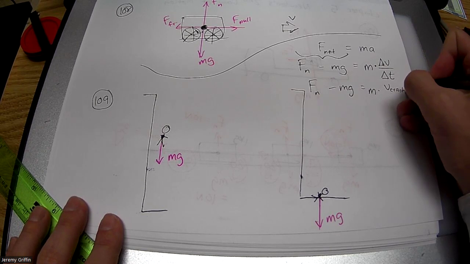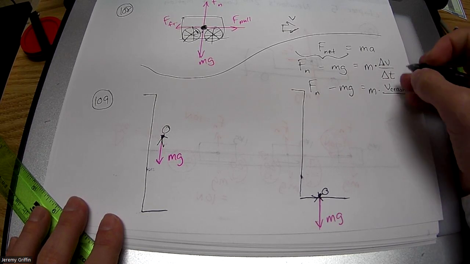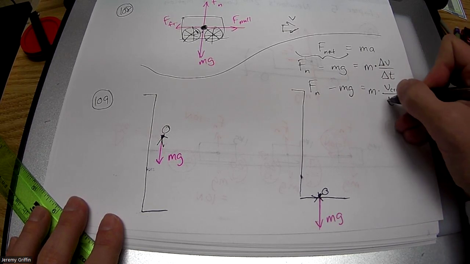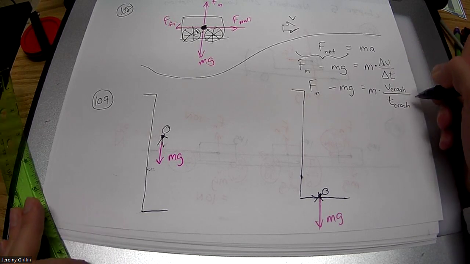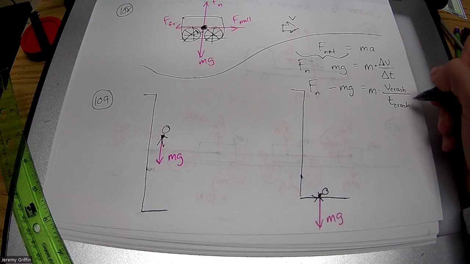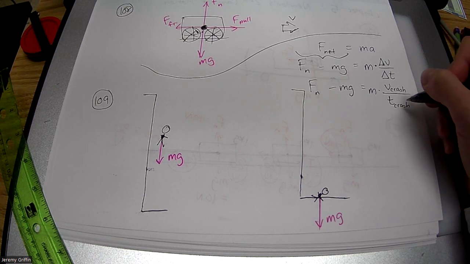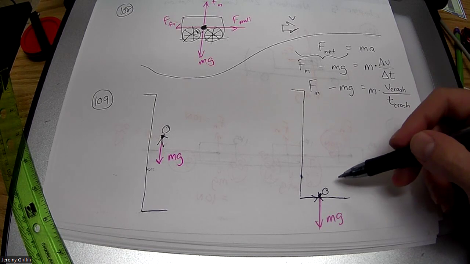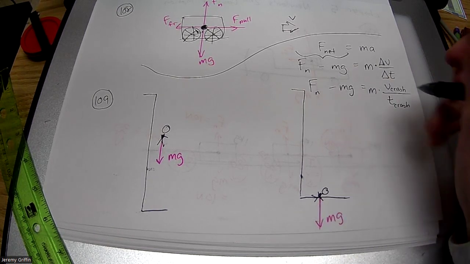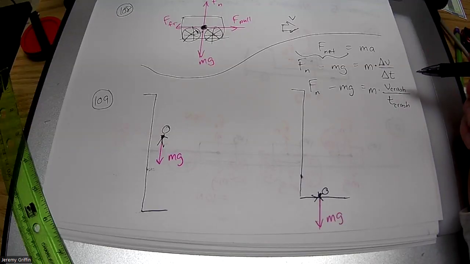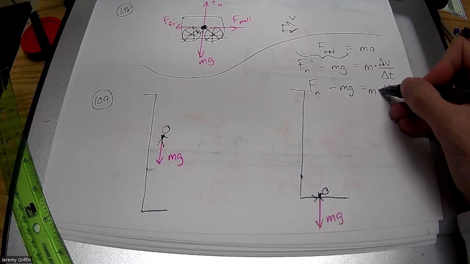So v crash, which is like square root 2gh, and t, this time of crashing, this time interval, is probably like a tiny fraction of a second. You guys think it might be like 0.1 seconds or something? Yeah, to go from really fast to not moving, right?